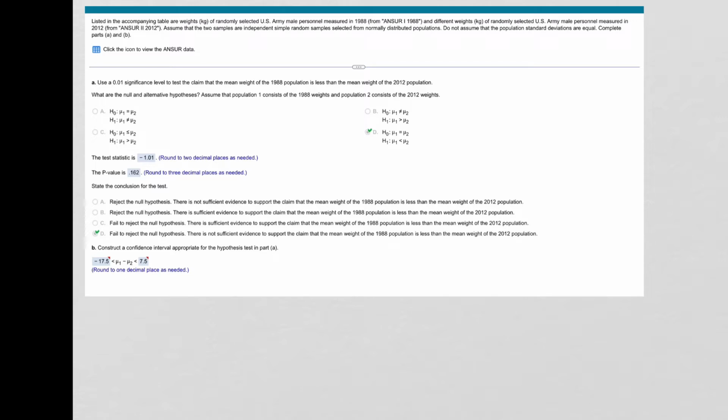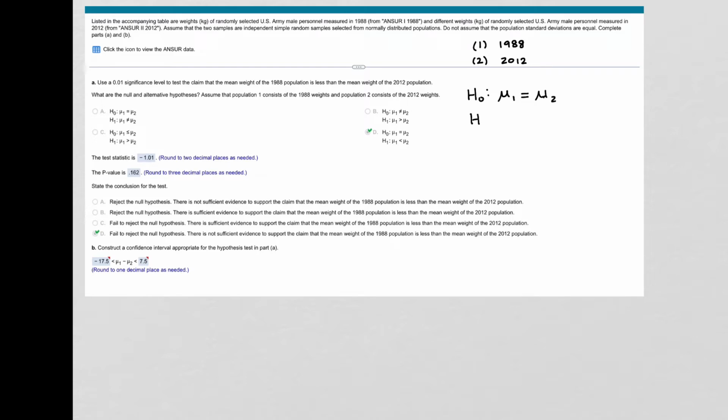So I'm going to say that group 1 is 1988 and group 2 is 2012. So our null hypothesis is that the mean for group 1 is equal to the mean for group 2.